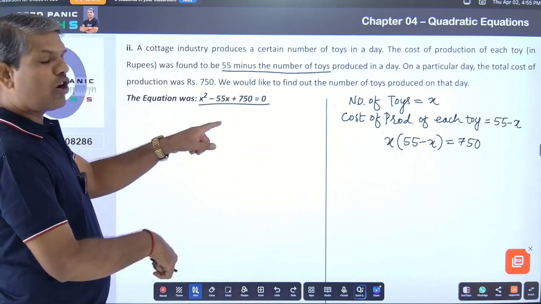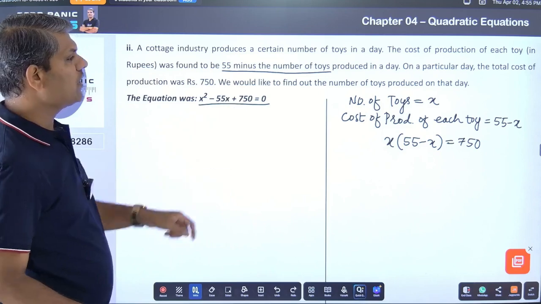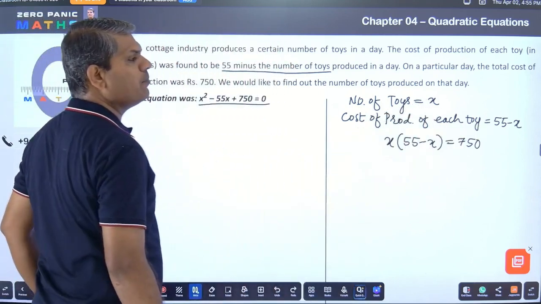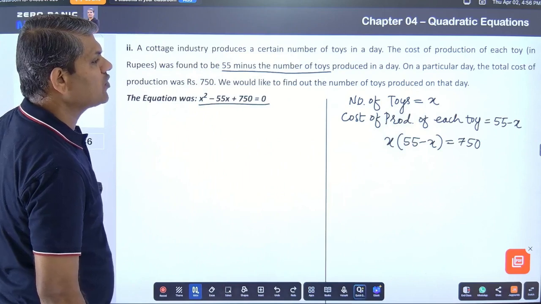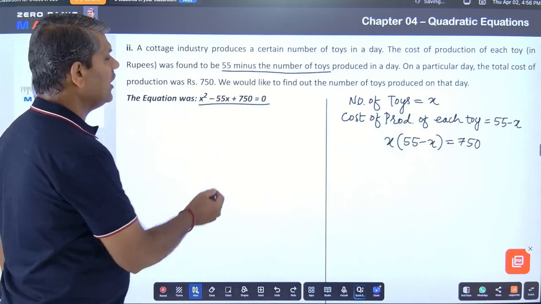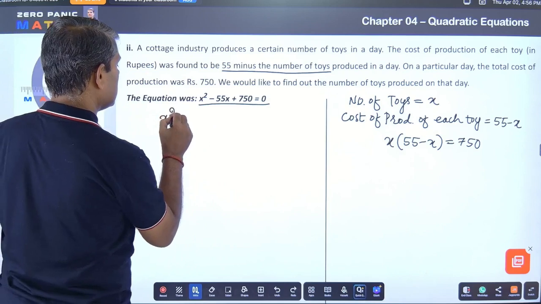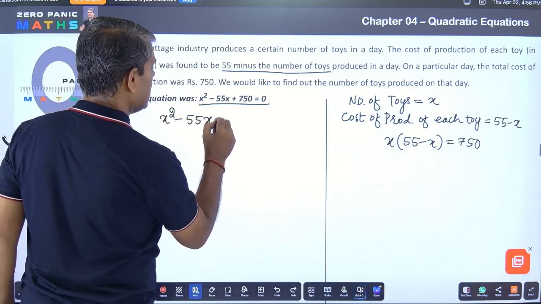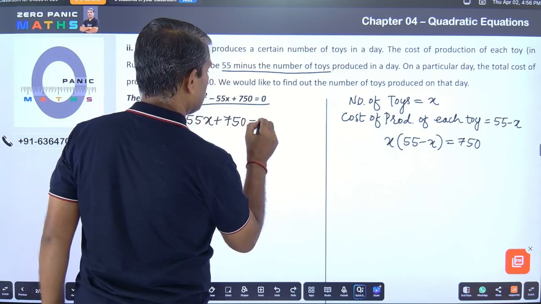Now our job in this session is to find the exact value of x and 55 minus x, for which the equation will be solved. Now let us find the values. What is the equation? x square minus 55x plus 750 is equal to 0.